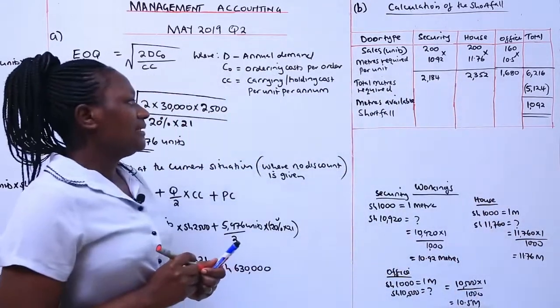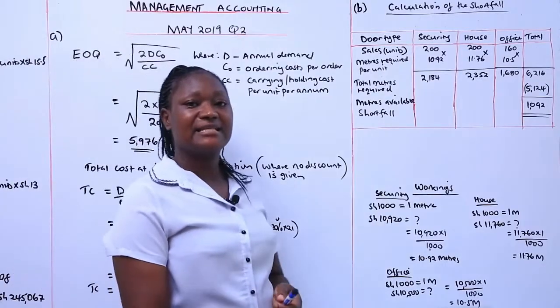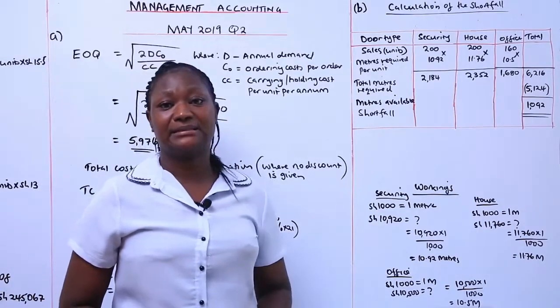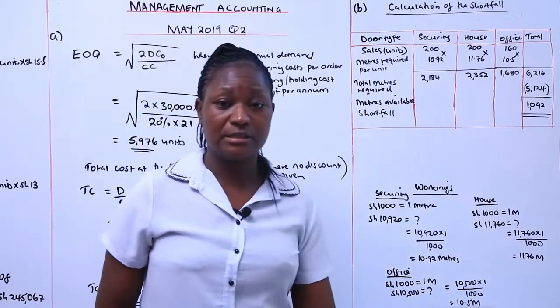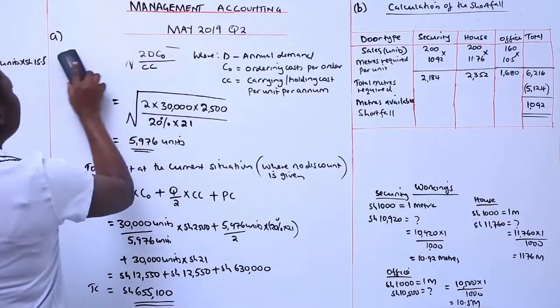So the shortfall is 1,092. Shortfall meaning there is a shortage of 1,092 meters. So we can now prove that iron sheets is a limiting factor.